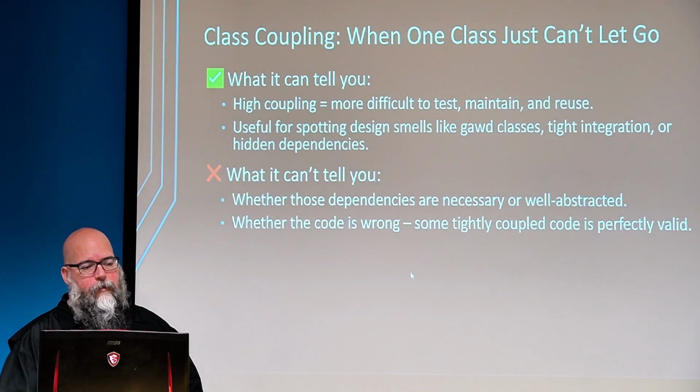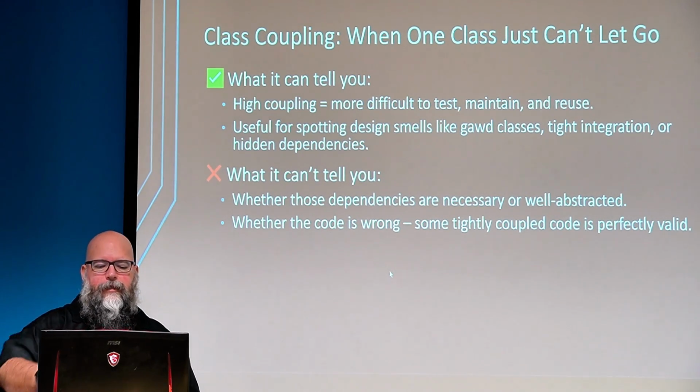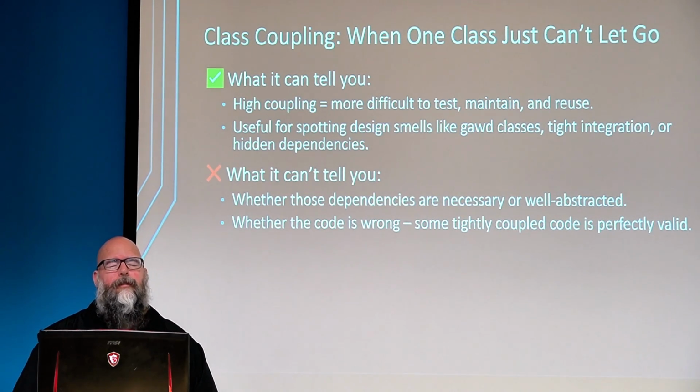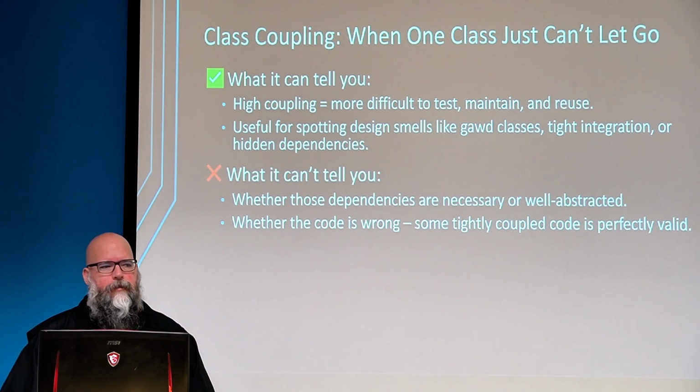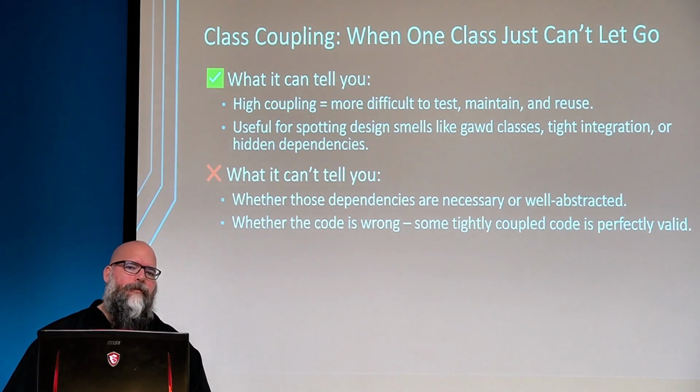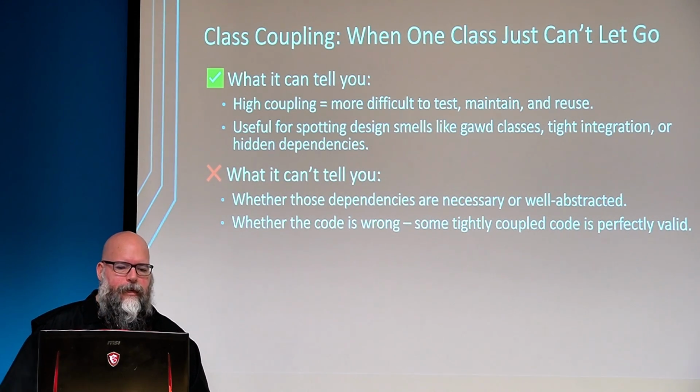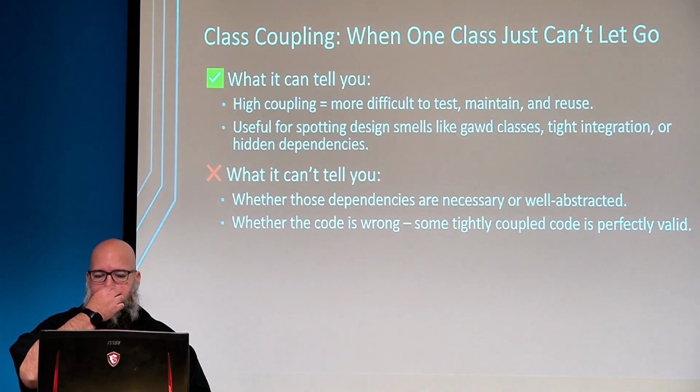It's also not going to tell you whether you wrote the right code. Although sometimes tightly coupled code is perfectly valid, like when you're mapping between objects, and that can drive up the class coupling.